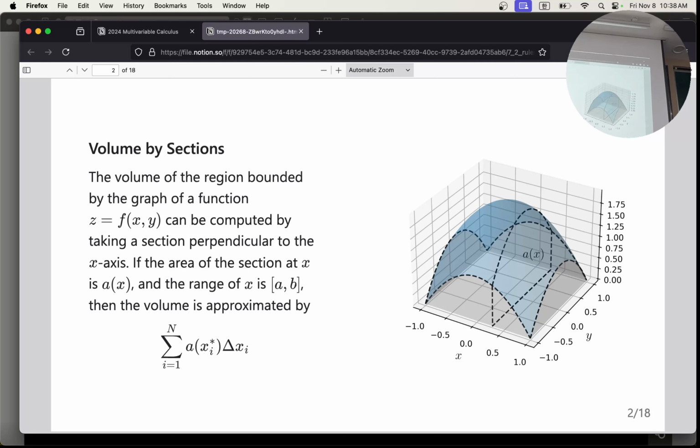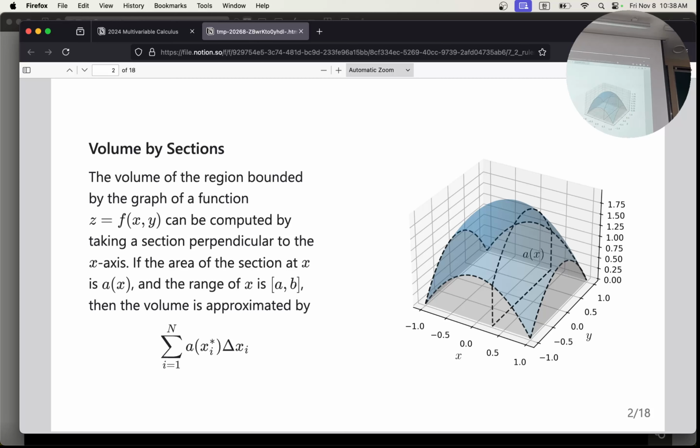But let's take this geometric picture for a while so that you can get the idea. So how do we get the volume under the graph of the function over this two-dimensional rectangular region?